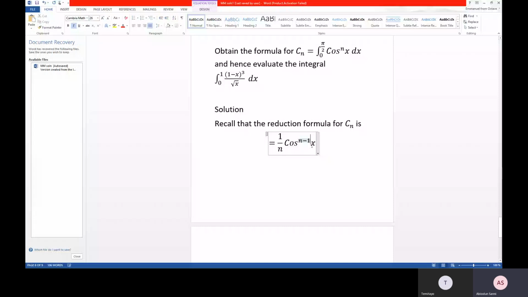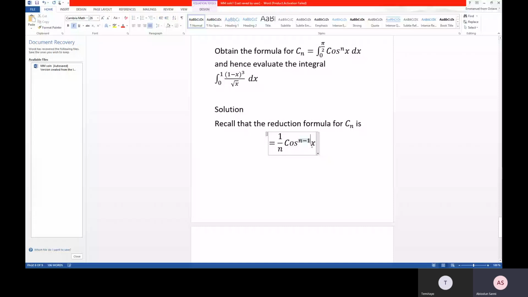So this is going to be plus. Then I'm going to insert n minus 1 over n.